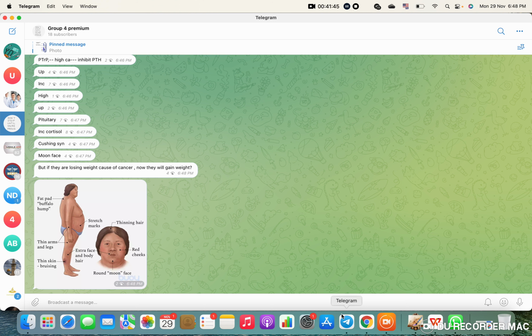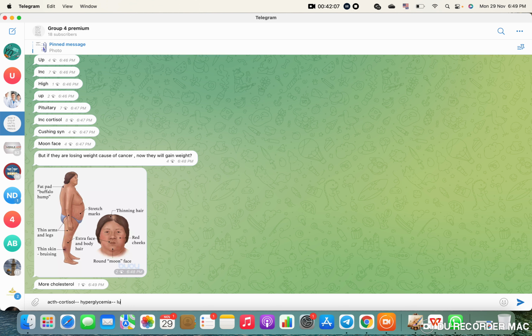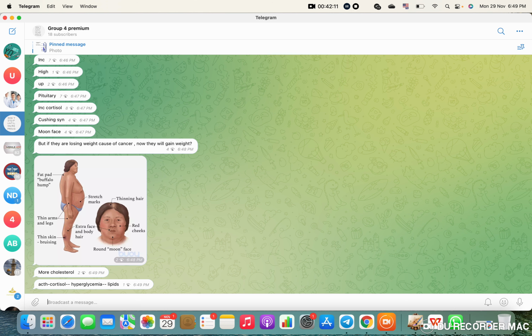Regardless of the fact that a pituitary tumor is a cancer, it will lead to weight gain because of the cortisol produced from the ACTH. ACTH leads to what? More cortisol. So this more cortisol will make you get what? Hyperglycemia, and that will eventually lead you to have more lipids. More lipids make you fat.